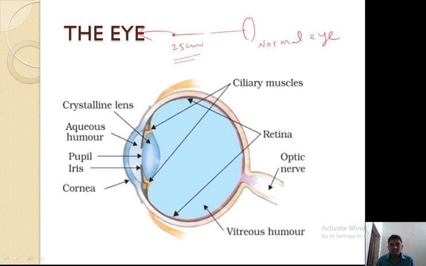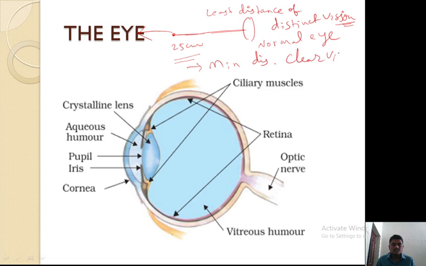This distance is called the least distance of distinct vision, the minimum distance for clear vision without any strain.